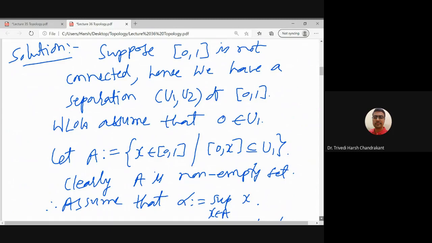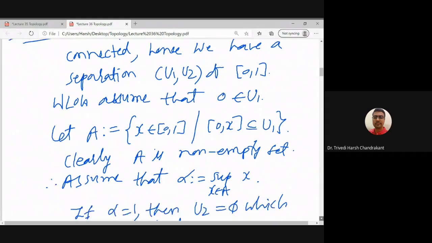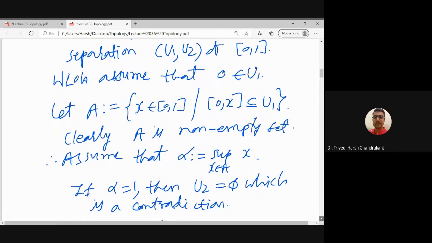So A is a non-empty set, and also A is bounded, because u1 is a subset of the closed interval 0, 1, right? So we cannot take x which is outside 0 and 1. A is a subset of the closed interval 0, 1. So it is bounded. So since A is bounded, we can discuss the supremum of A. So let us call alpha the supremum of the set A.